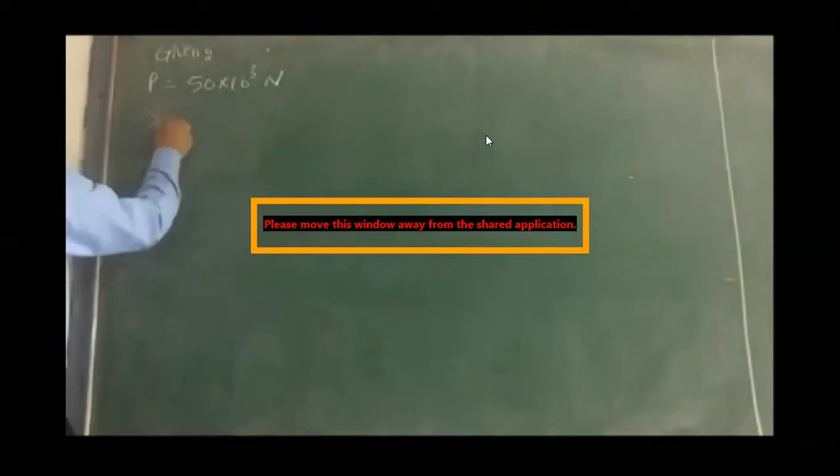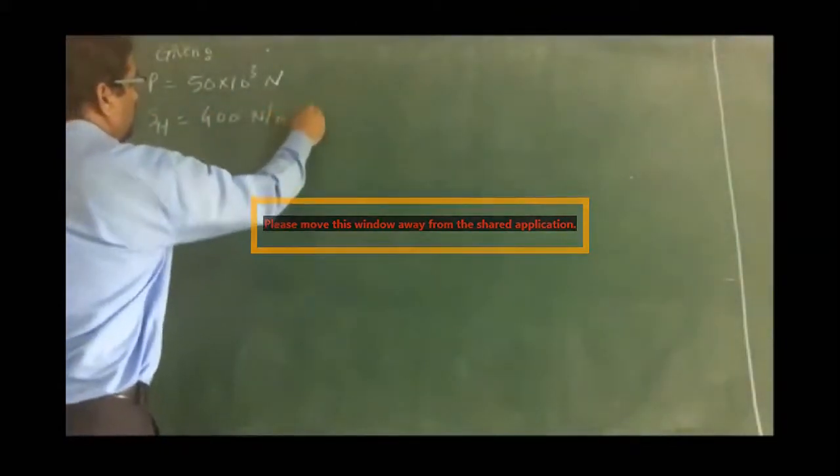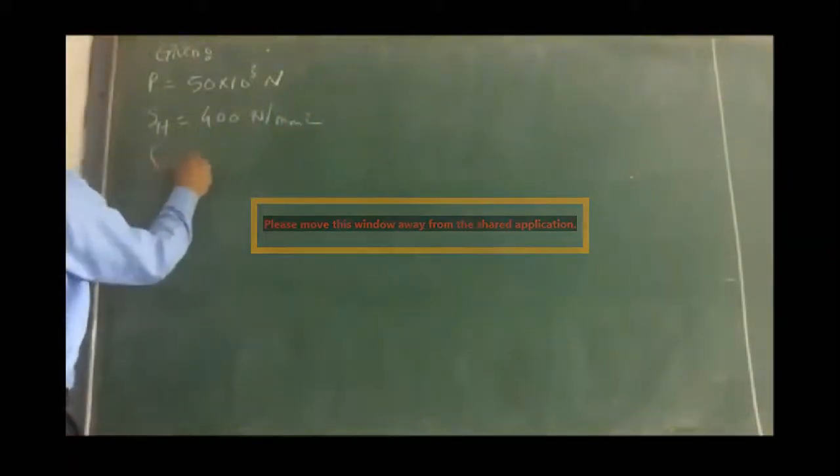Is it visible? Yes. Then SYT is given as 400 Newton per mm square, and the factor of safety is given as 5.